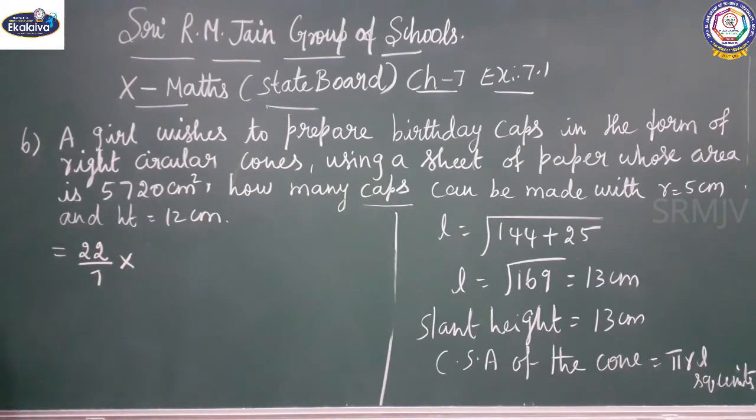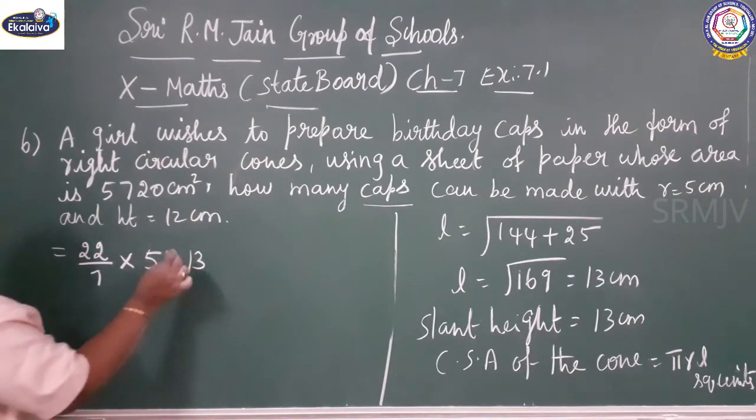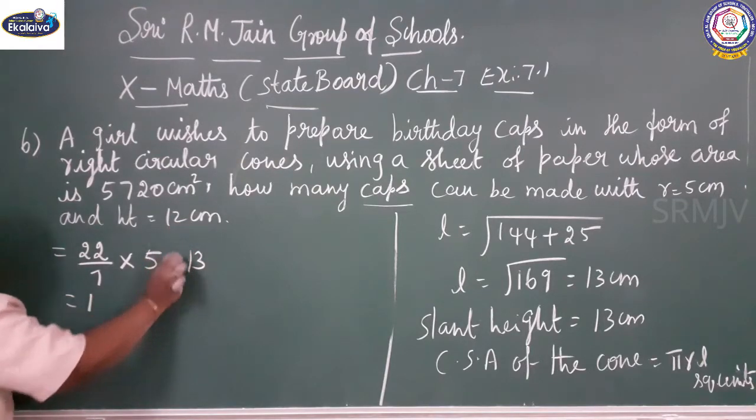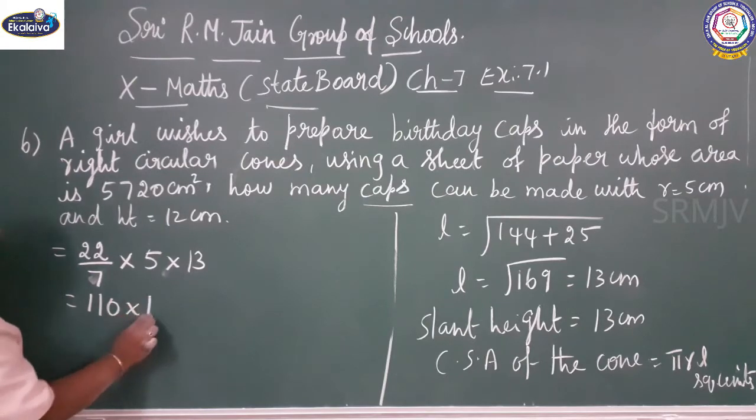Radius is nothing but 5, into slant height 13. 22 by 7 into 5 into 13. 22 into 5, 110. 110 into 13 by 7.